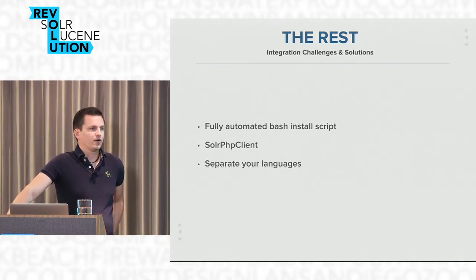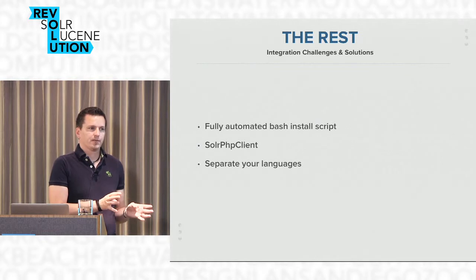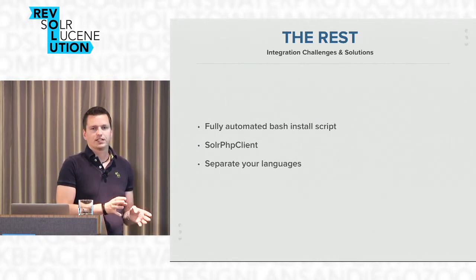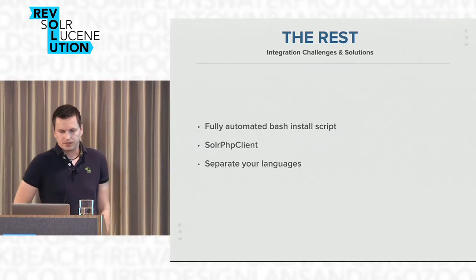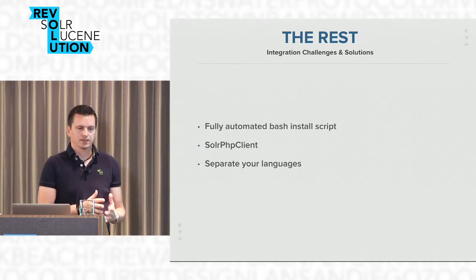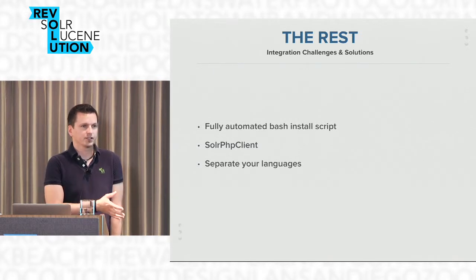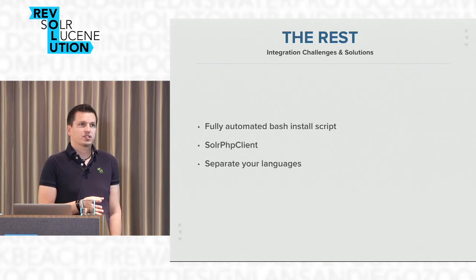And that was our first learning, kind of, for example, you really should separate your languages in different indexes. So then you can take advantage of doing customized analysis of English versus German versus French. There's a different approach.